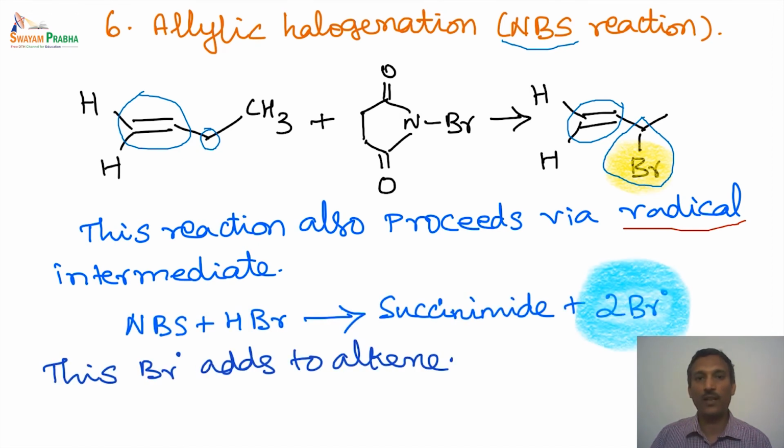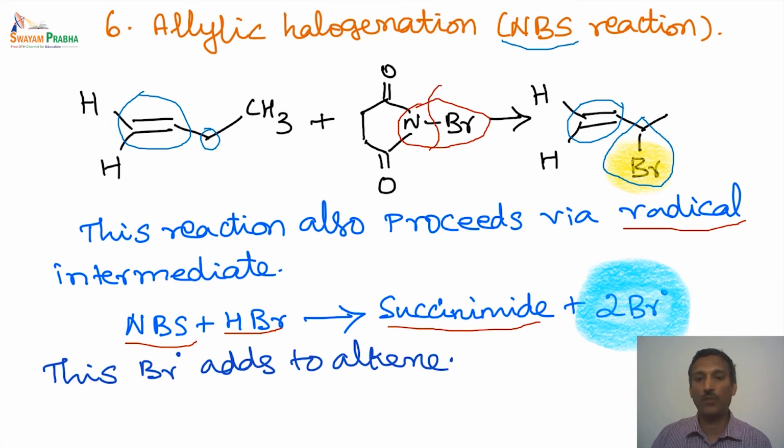So how is the radical intermediate generated? The NBS, or N-bromosuccinimide, reacts with a trace amount of HBr which is present in the N-bromosuccinimide. That forms succinimide and bromine. This N-Br bond is actually homolytically cleaved to give the bromine radical.